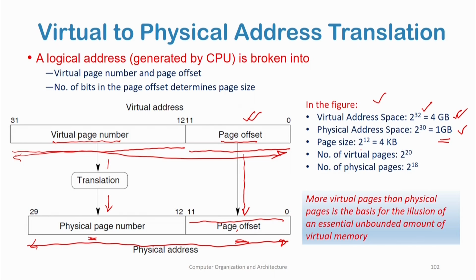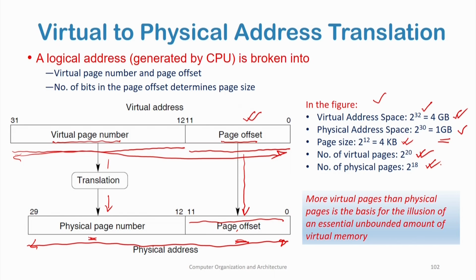The page size is 2 to the power 12, which is 4 KB; 2 to the power 10 is 1 KB, so 10 bits is 1 KB and 2 bits more, so 4 KB. And the number of virtual pages, as we discussed, is 2 to the power 20, and the number of physical pages is 2 to the power 18.